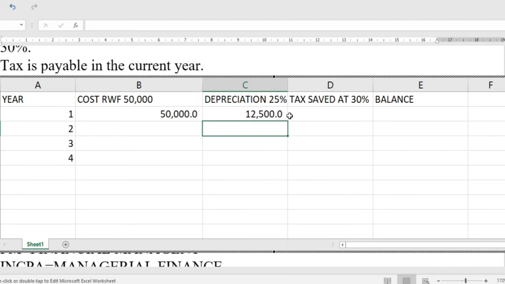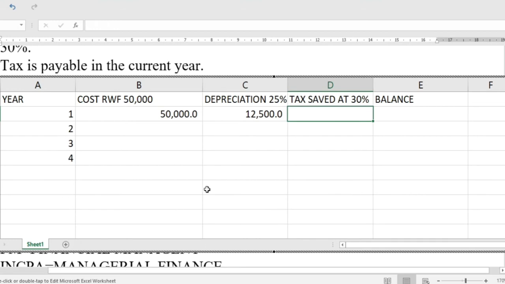Under this depreciation, what amount of tax saved? The amount of tax saved will be equal to this amount times 30%, which is equal to 3,715.